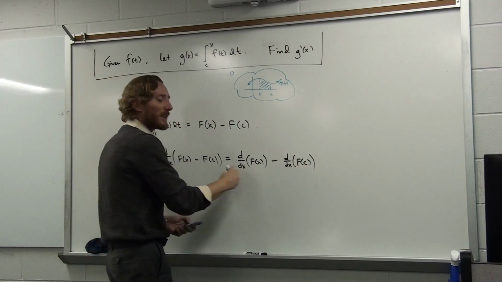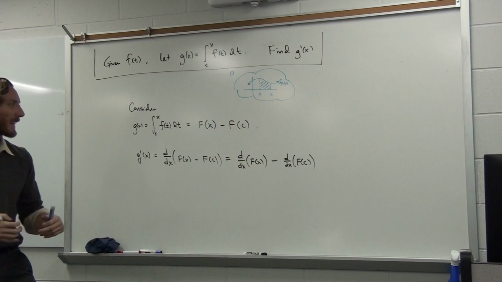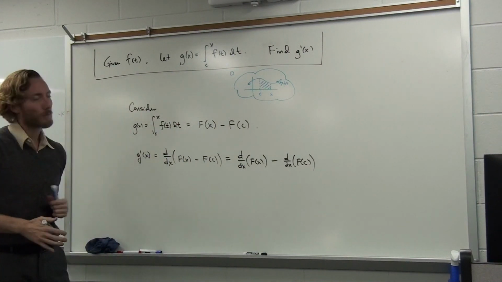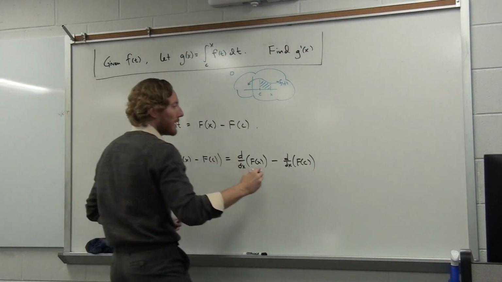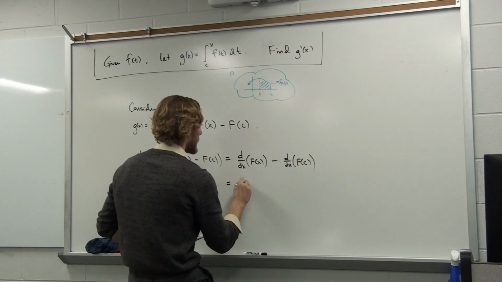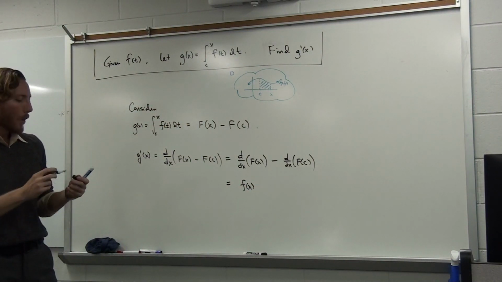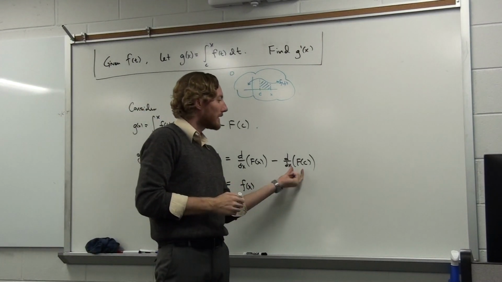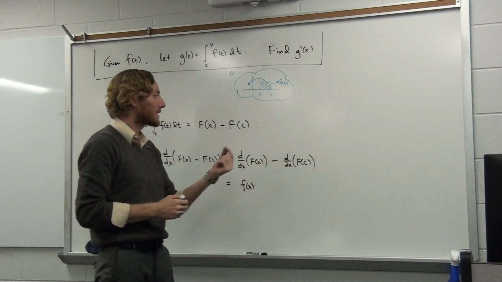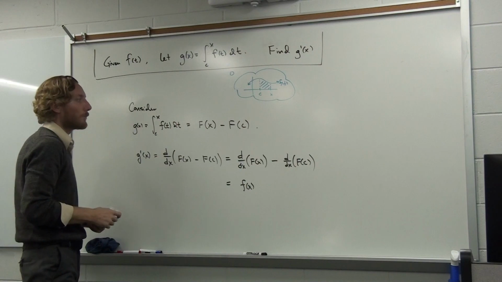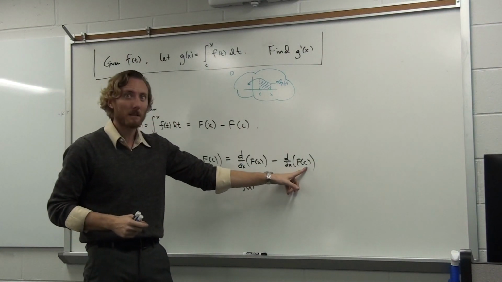Now, what is the derivative of capital F? Well, capital F was your antiderivative function. So the derivative of capital F is going to be precisely little f. What is the derivative of capital F of c? Well, think about this. c is a constant.